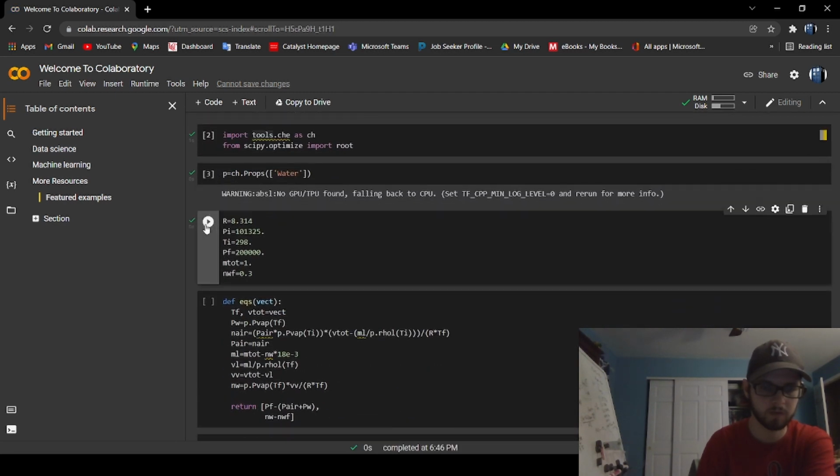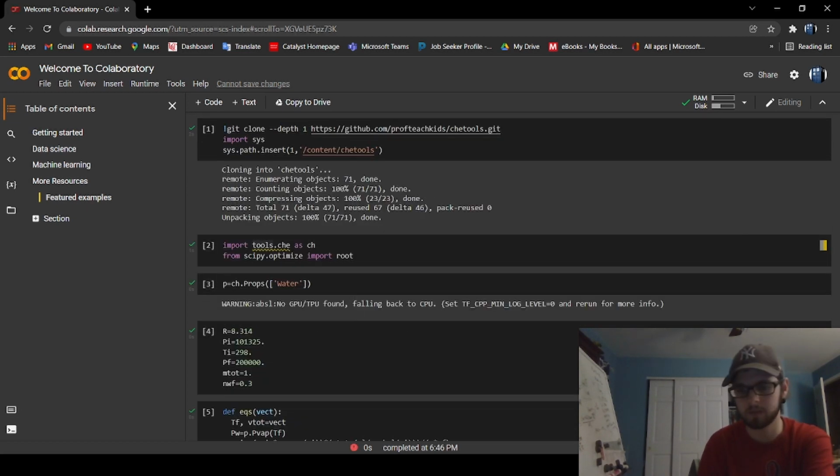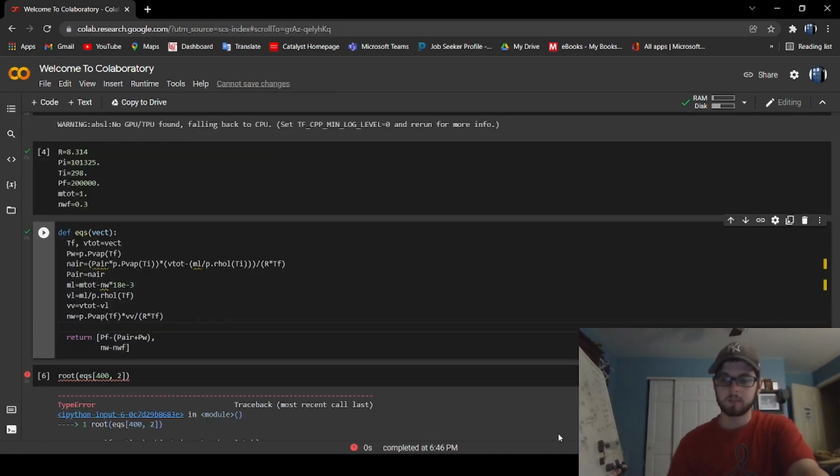Okay. What error? I'm going to have to take a little break from this and figure out what's going wrong, because I don't know. Okay, so I think I just forgot one equation, and that is, let me get back into Colab.